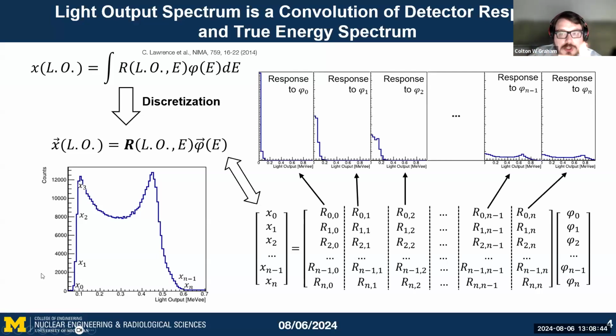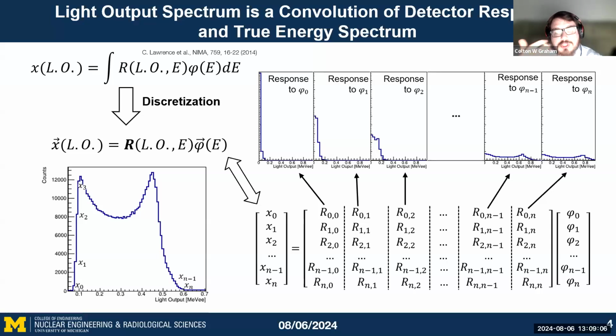For example, the first column of the detector response matrix is just the spectrum of response to gamma rays with energy within the phi sub naught bin. Similarly, the second column is the next bin, and so on and so forth. So all we need to know is the response of the detector to different gamma ray energies in order to build this detector response matrix.